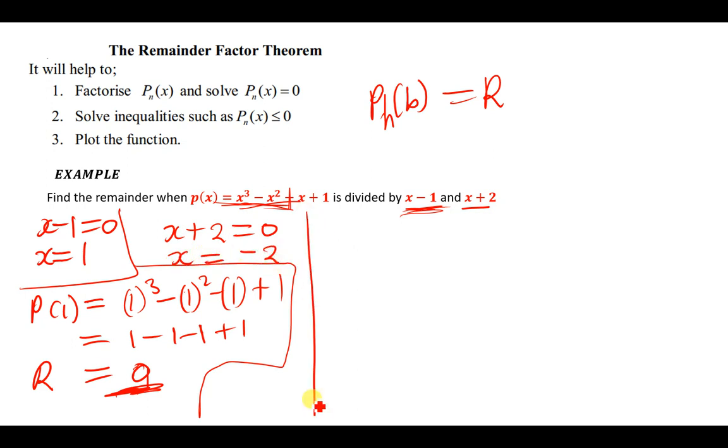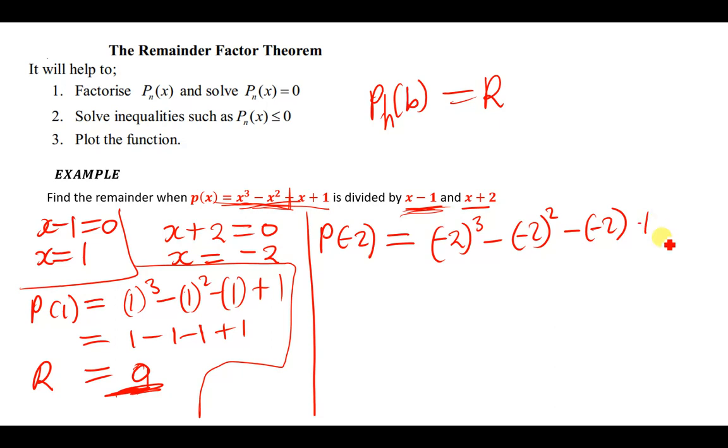From there, we can replace this negative 2 in the polynomial. So we find p of negative 2: negative 2 cubed minus negative 2 squared minus negative 2, and then plus 1.